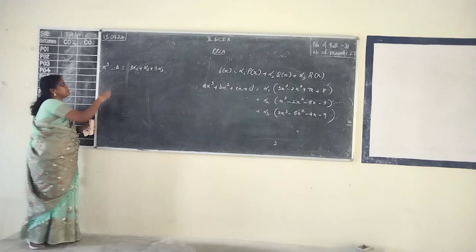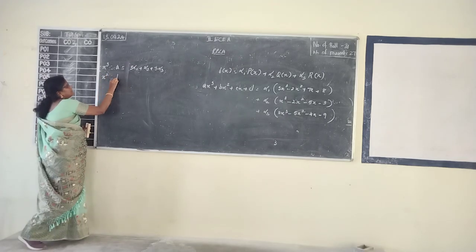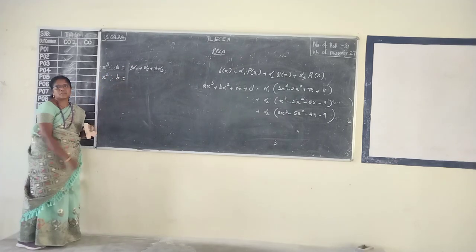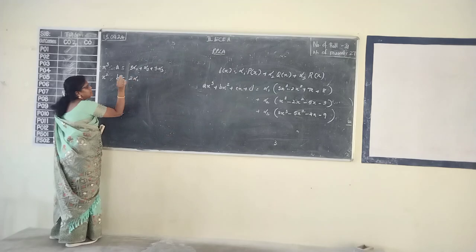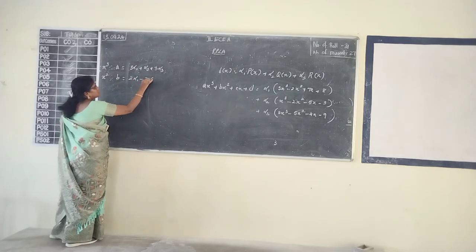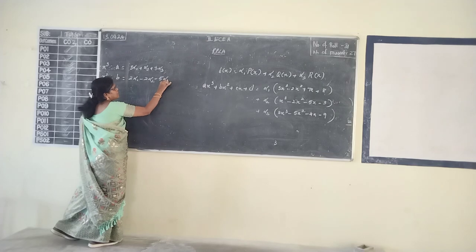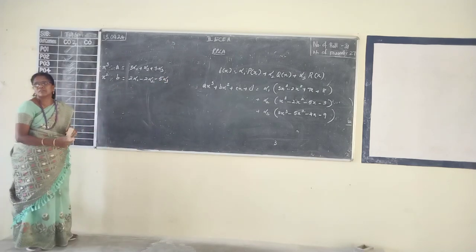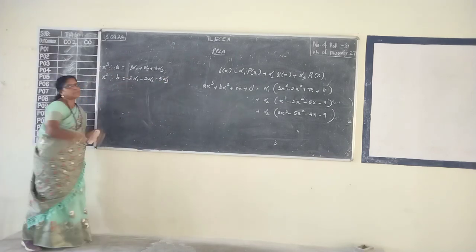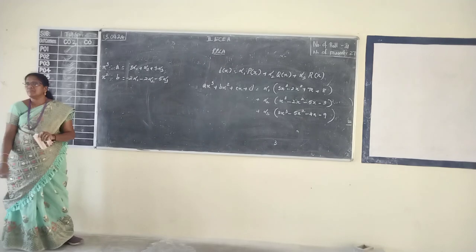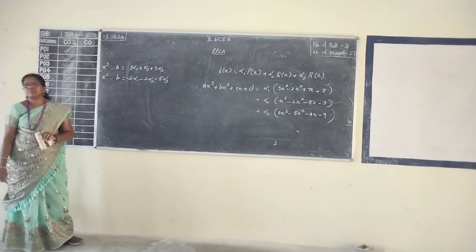Combine the coefficients of x square. b is equal to 2 alpha 1 minus 2 alpha 2 minus 5 alpha 3. Correct, everyone?